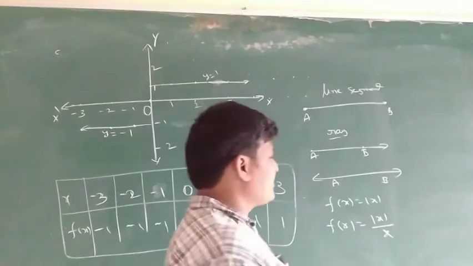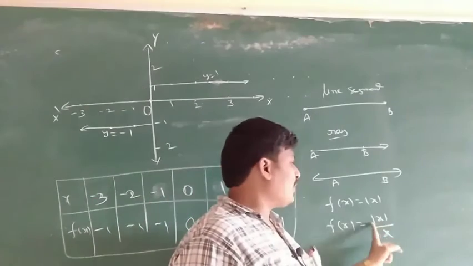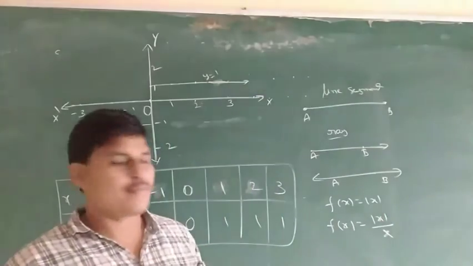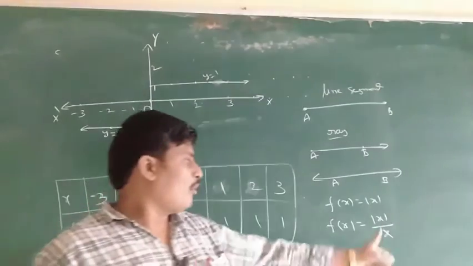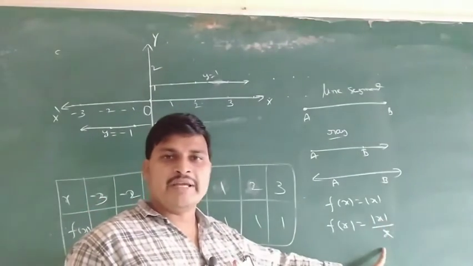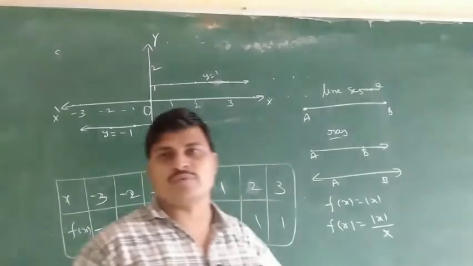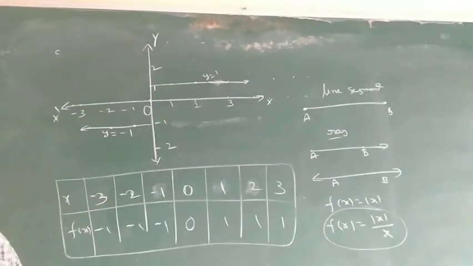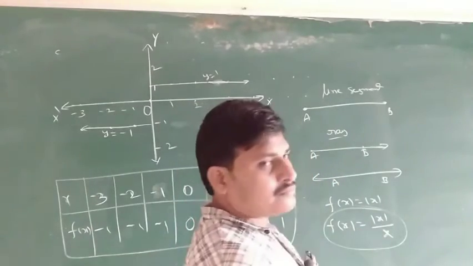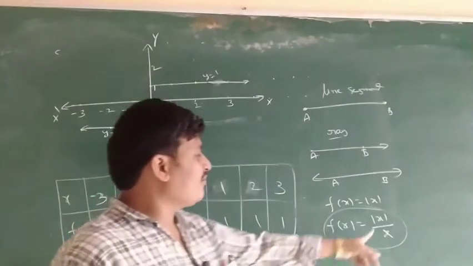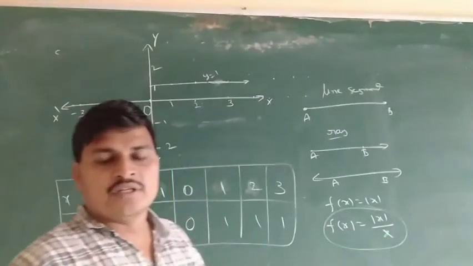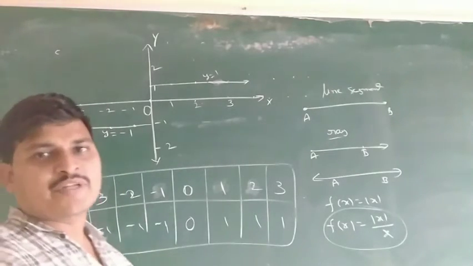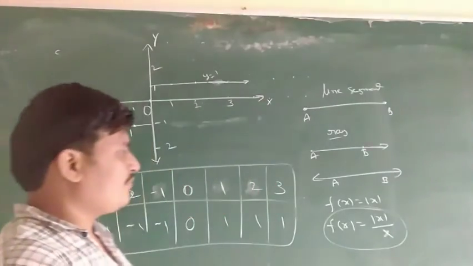For example, x is equal to minus 1: mod of minus 1 is 1, and 1 by minus 1 is minus 1. Then x is equal to minus 2: mod of minus 2 is 2, and 2 by minus 2 is minus 1. So this is the signum function. You take any value; this is mod x, this is normal x. Mod of any number, even a negative, is positive: mod of minus 1 equals plus 1. Okay, this is the function.